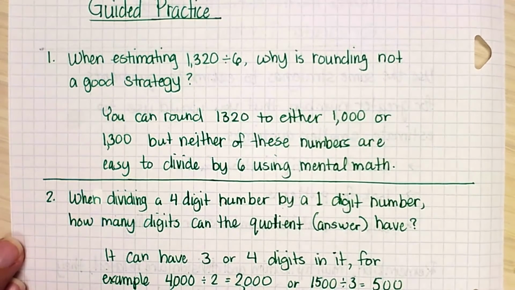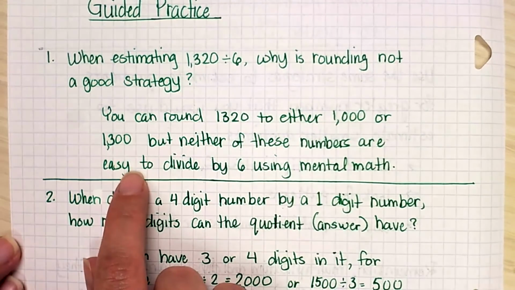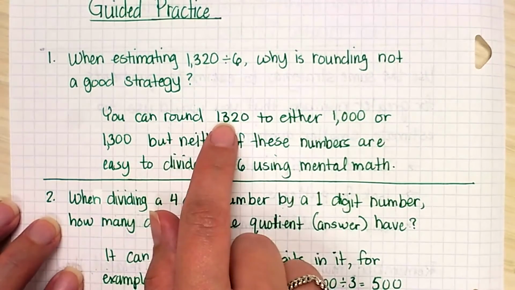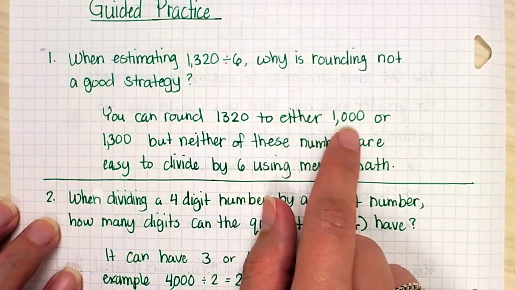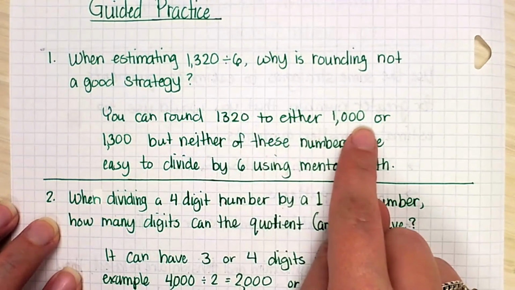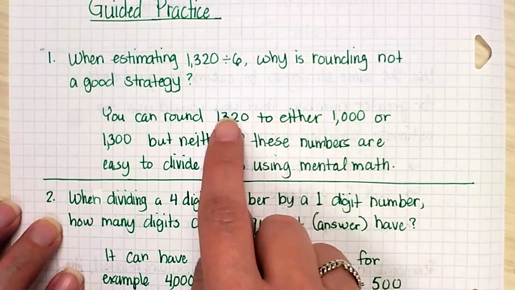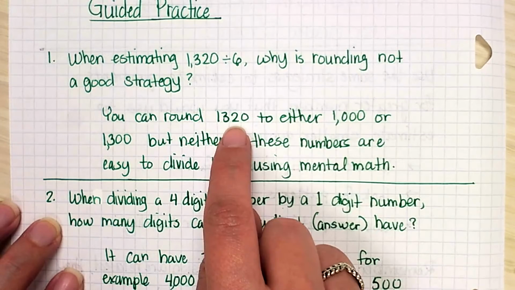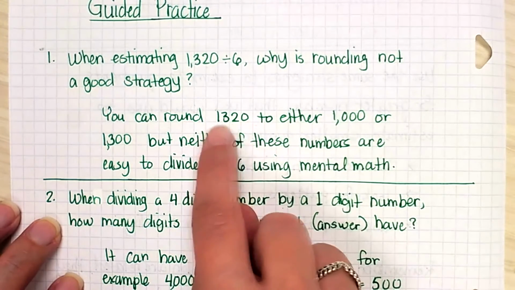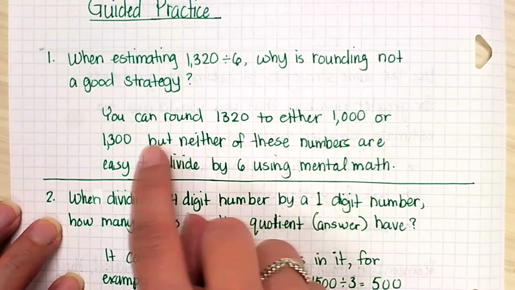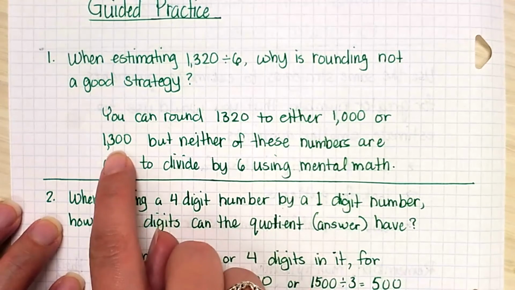Now, the problem with rounding in this particular question is if you're going to round to the thousands, you'll round it down to 1,000. If you're going to round it to the nearest hundred, you're going to look at the number in the tens place, and that's going to round to 1,300.